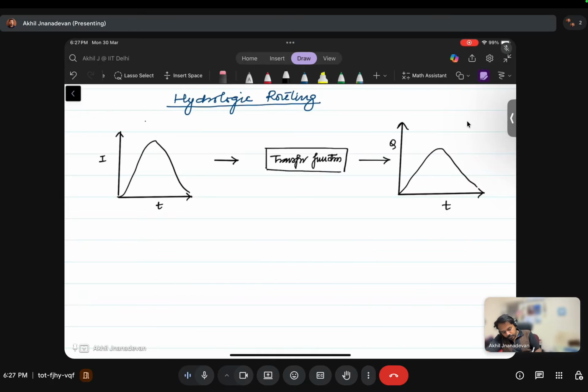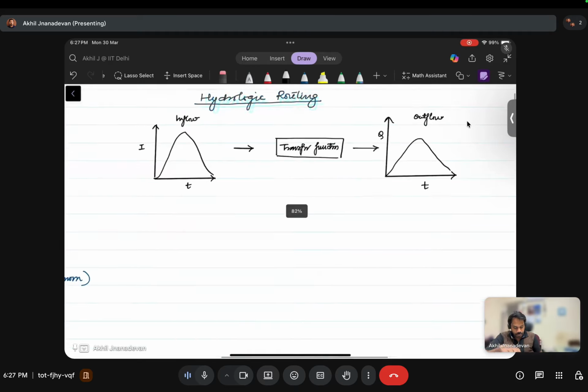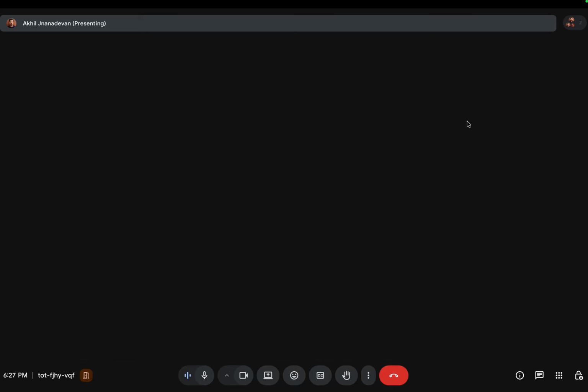So this is inflow and this is outflow. This is the basic idea of hydrologic routing.